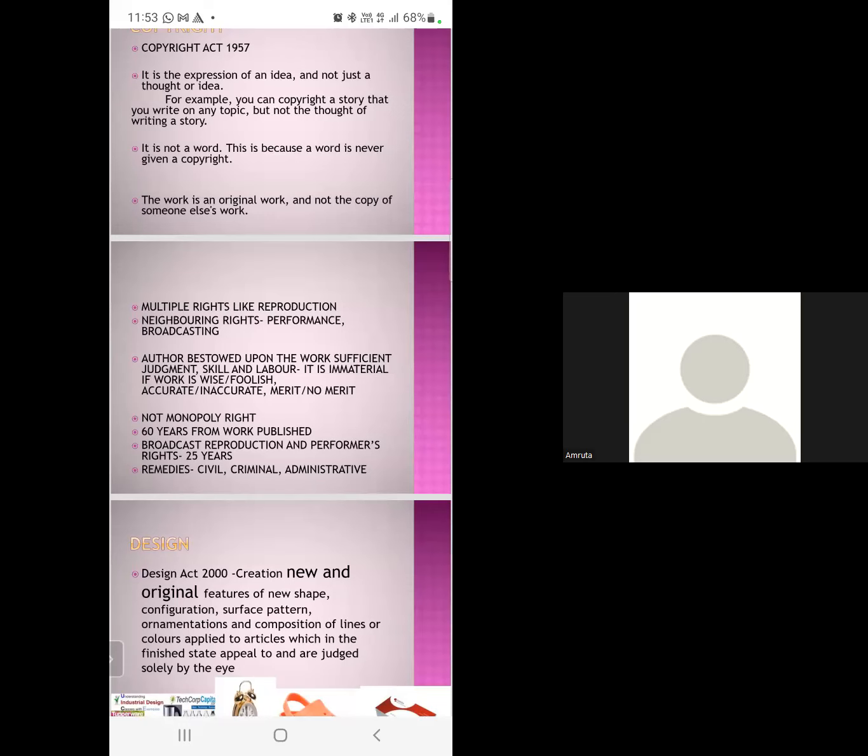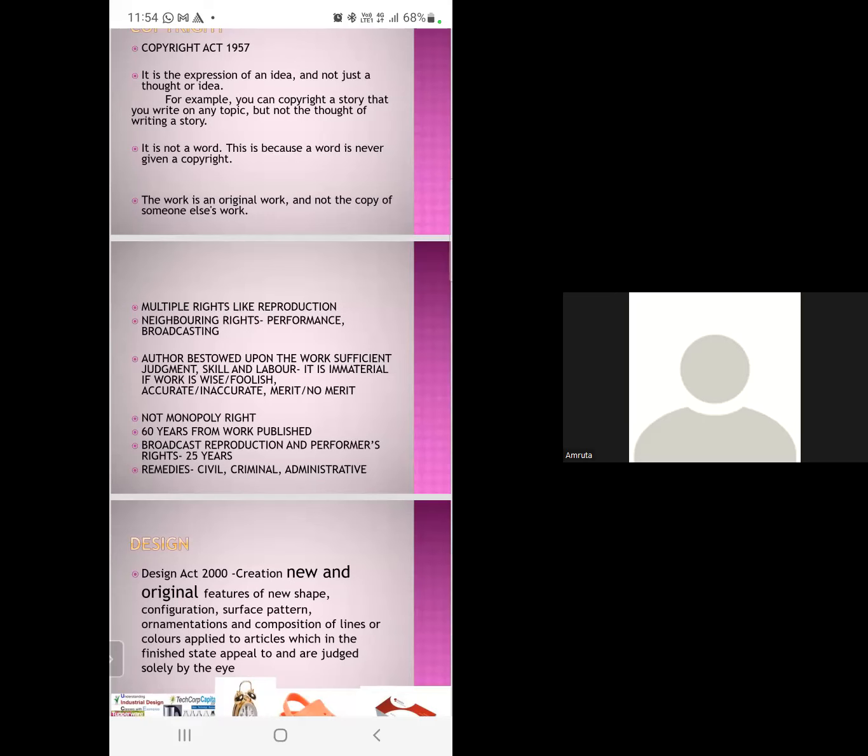If you give a license to a performer, a singer, then he will have the performance right for 25 years, because that right is unique to the performer. The broadcaster gets the right for 25 years. So these are the rights which have been created because of the copyright. This copyright is the most complex intellectual property in the whole of intellectual property rights.